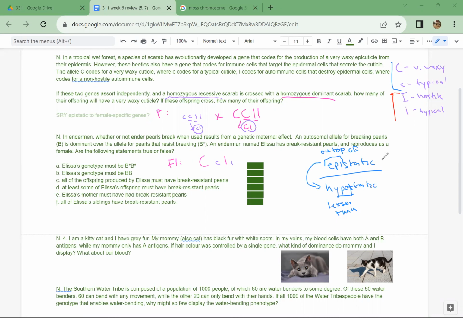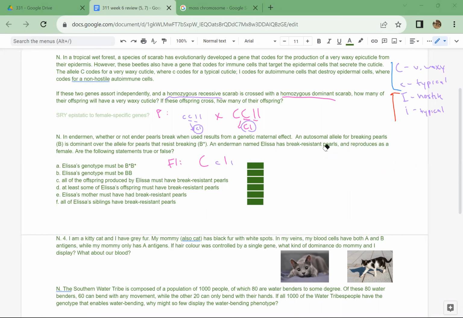I think of it like when you're a little kid and your sibling is doing one thing, but if you sit on top of them, then you prevent them from doing something else. So our epistatic gene controls our hypostatic gene.